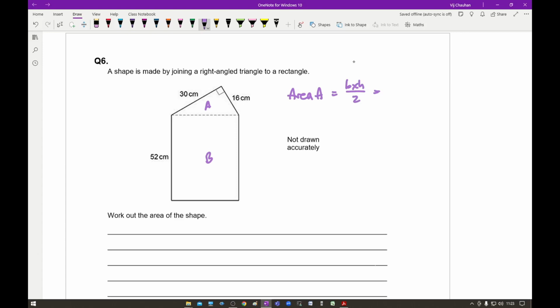So the base is 30, the height is 16, divided by 2. Let me type that into my calculator. 30 times 16 divided by 2 gives me an answer of 240.